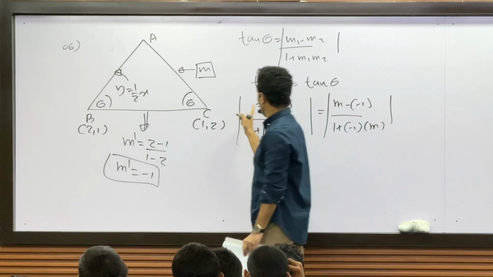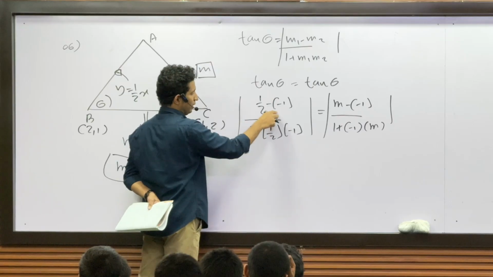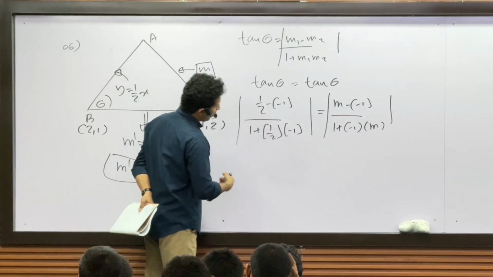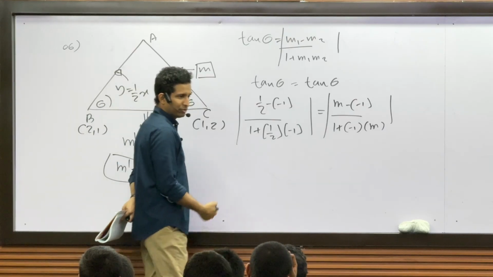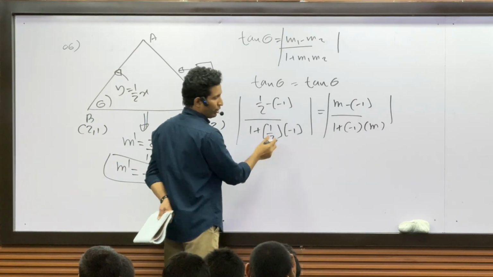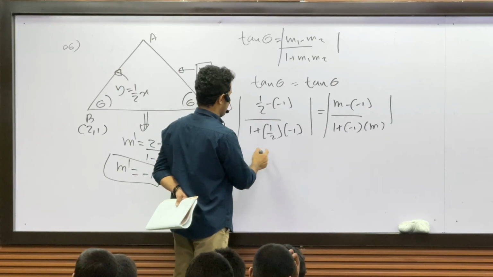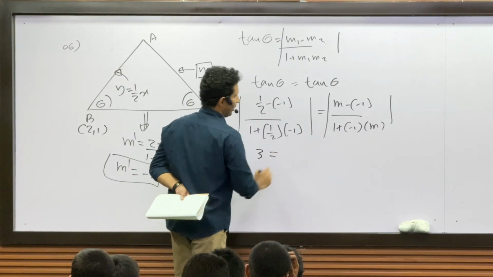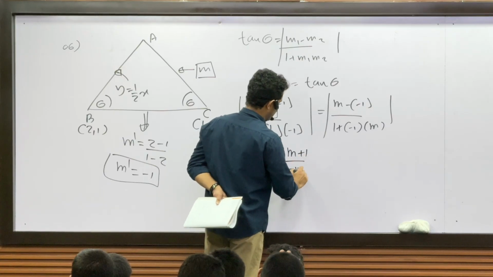When you simplify this, 1 plus half is 3 over 2, divided by half, which comes to 3. Then we need to square, so 3 to the power 2. I will take 3 equals m plus 1 divided by 1 minus m.